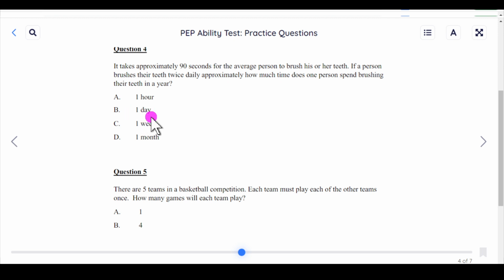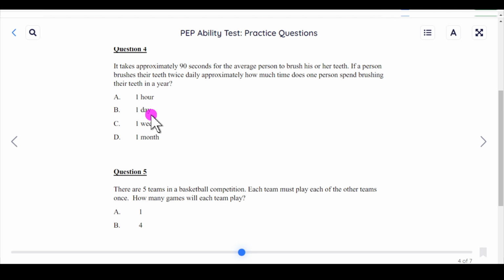All right, so the key concept here is estimation, and we have to look at time. Again, we started off by saying 90 seconds, we multiply that by 2 because they do it morning and evening. Then we figure out what this would be in terms of minutes. 90 times 2 gives us 180. 180 divided by 60, since 60 seconds make a minute, we end up with 3 minutes. Then we multiply that 3 by 365 days.